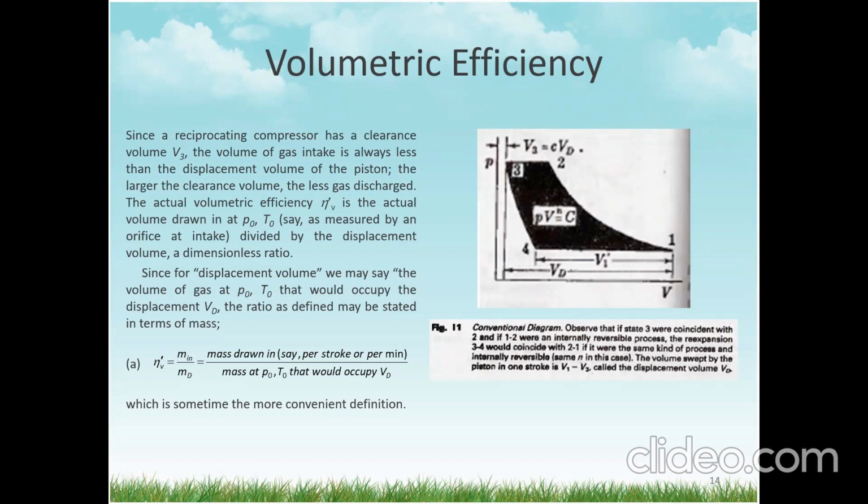So if it were the same kind of process and internally reversible, same end. The volume swept by the piston in one stroke is V1 minus V2, called the displacement volume. That is only what the piston displaces.